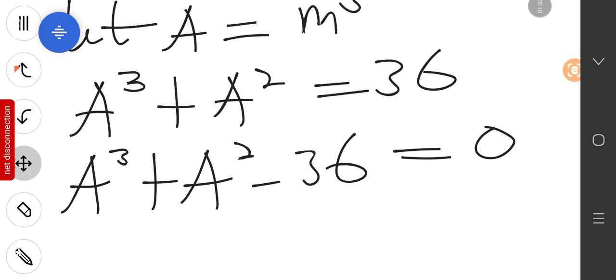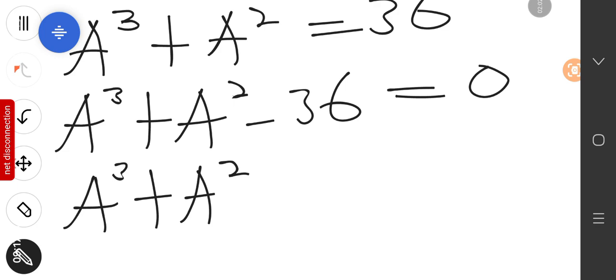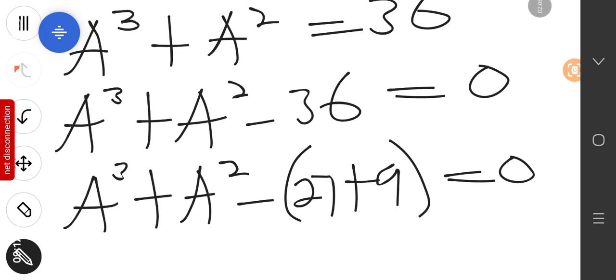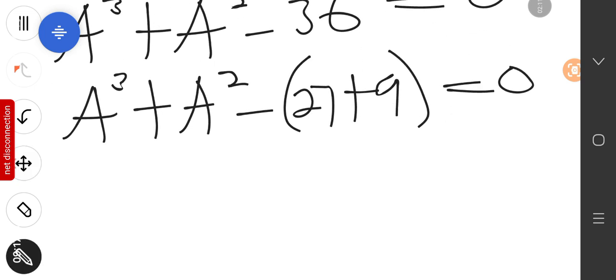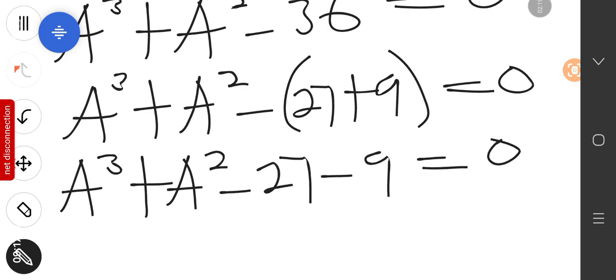Now 36 is the same as 27 plus 9. So our equation becomes a cubed plus a squared minus 27 minus 9 equals 0.